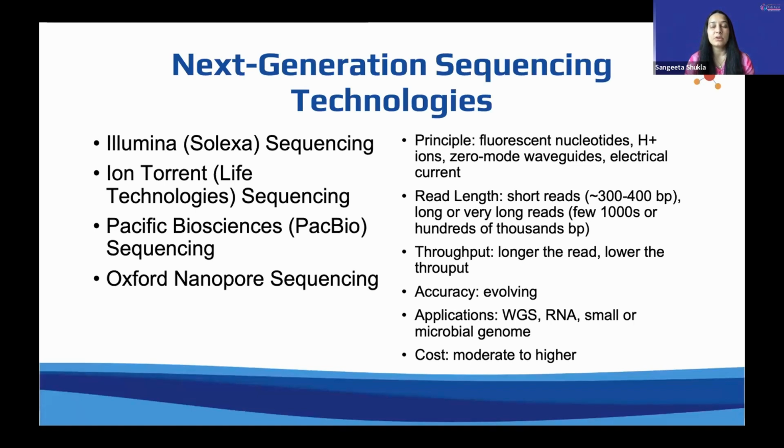This data could be at the genome level, where it's a whole genome sequence that you're trying to extract from a sample, or RNA sequencing, or some microbial genomes that you're trying to extract from sequencing, and then perform analysis downstream. And what kind of analysis we may perform on this data, we're going to be talking about in just a little bit.